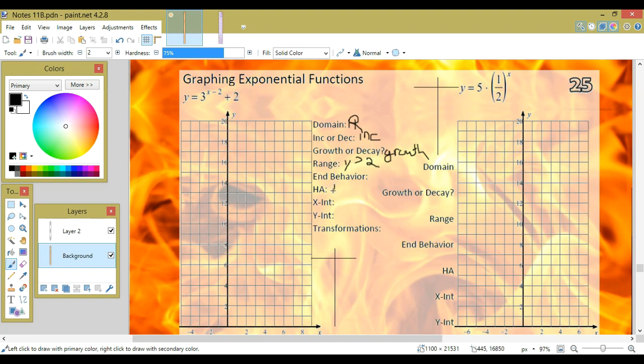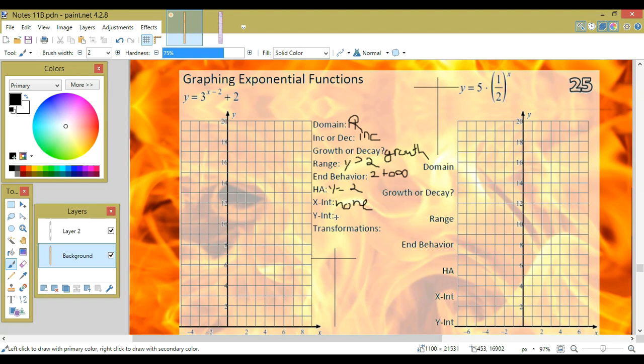Horizontal asymptote is y equals 2. It's that dashed line that it never touches. And behavior basically is going to go from 2 to infinity. The x-intercept, there's no x-intercept because it never crosses that horizontal asymptote.